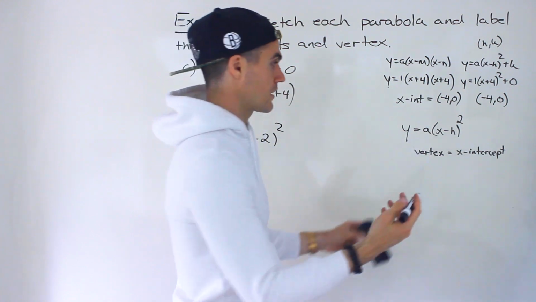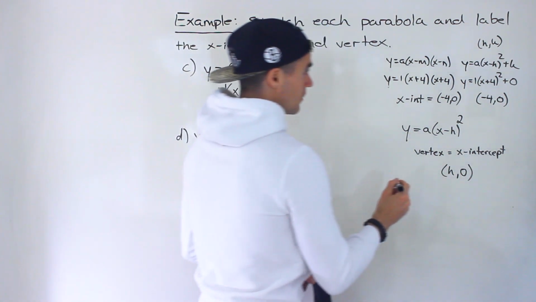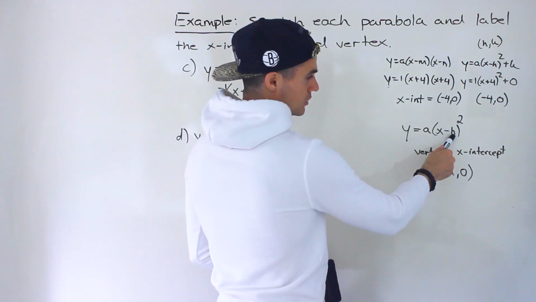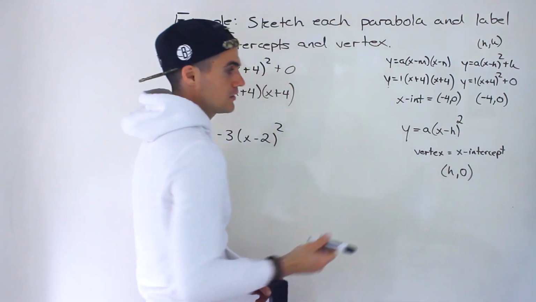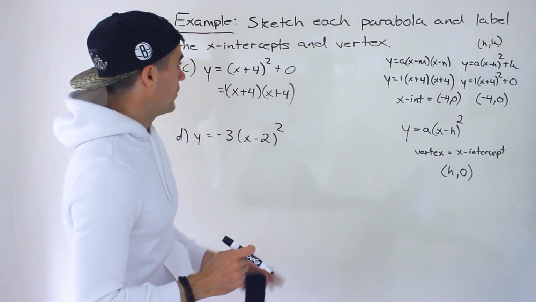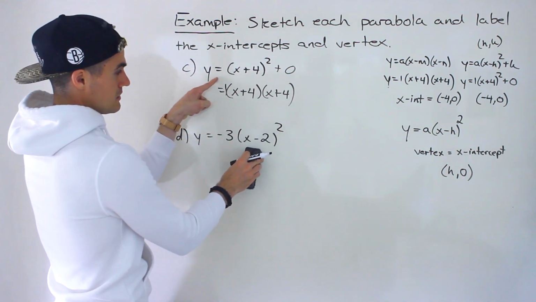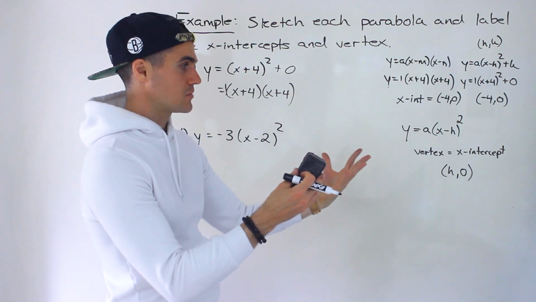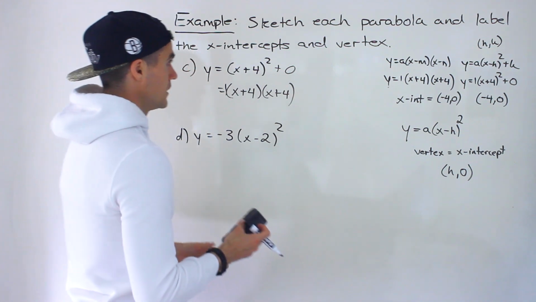They're both the same thing, okay? And it's happening at an h value of 0. If you're working with factored form, if you want to put an m here, you could put that as well, and then you'll have m and 0. It doesn't really matter what letter you put, but anything in this kind of format, the vertex and the x-intercept are always going to be the same, and there's only going to be one x-intercept.